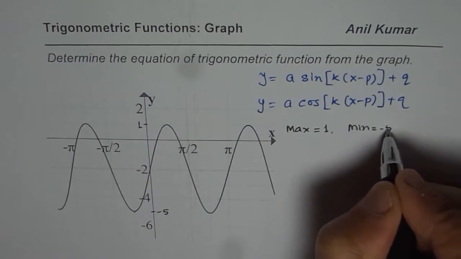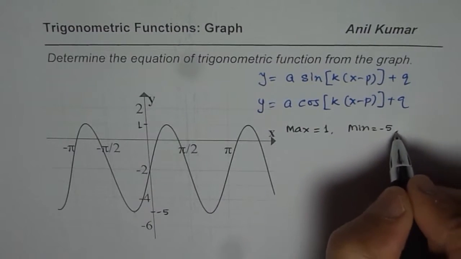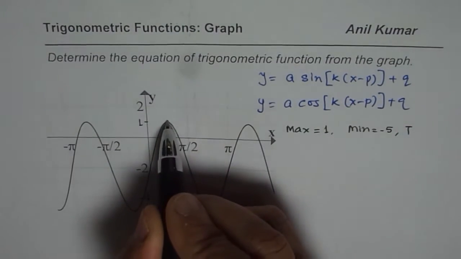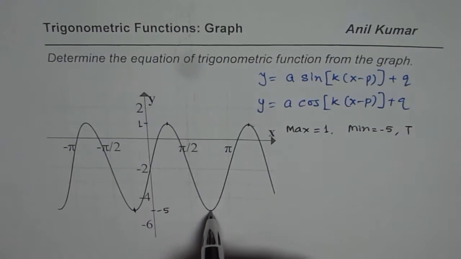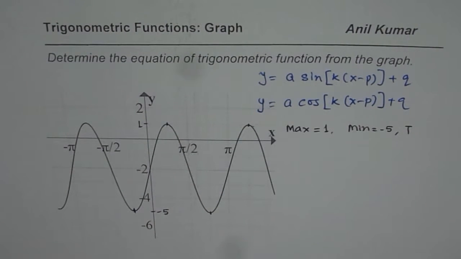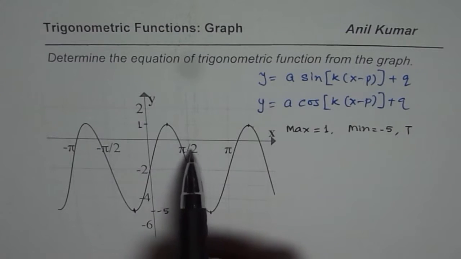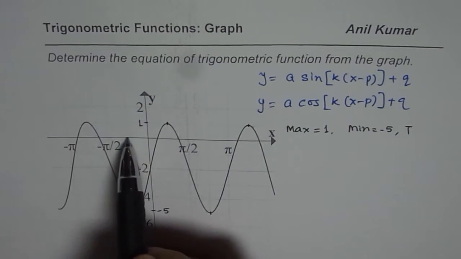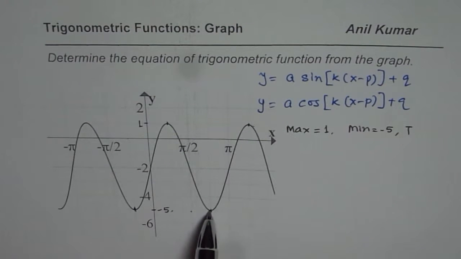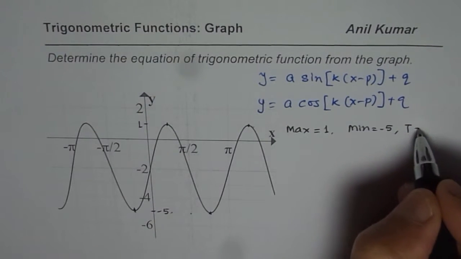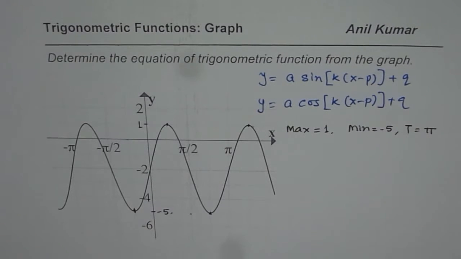The time period we can get from two maximums or two minimums. Since the scale is pi by 4 for one division, we can say 1 pi by 4, 2 pi by 4, 3 pi by 4, 4 pi by 4, or pi. So the time period is pi for us. That is what we can read directly from the given graph.